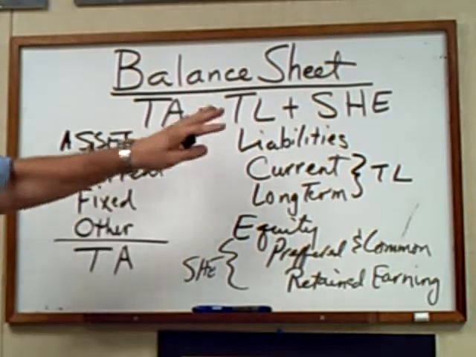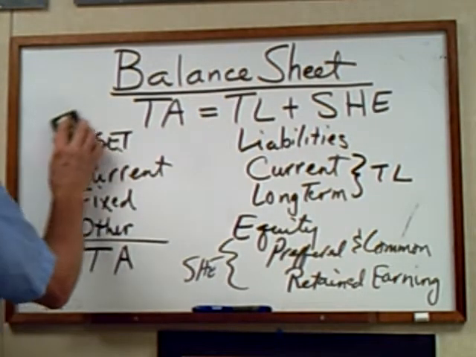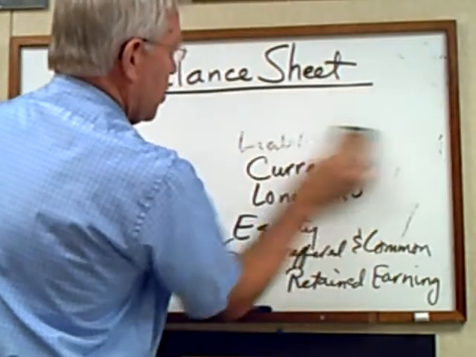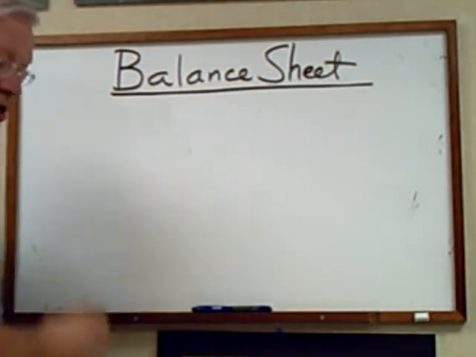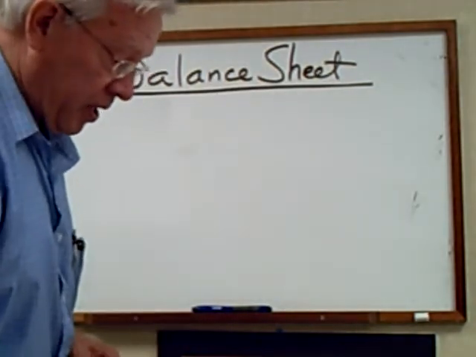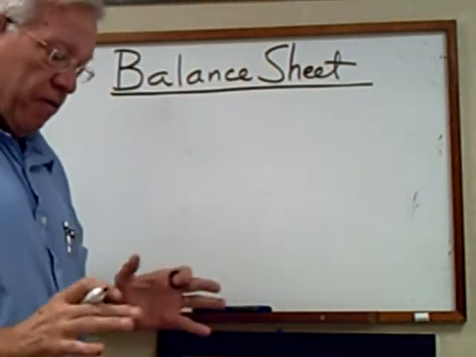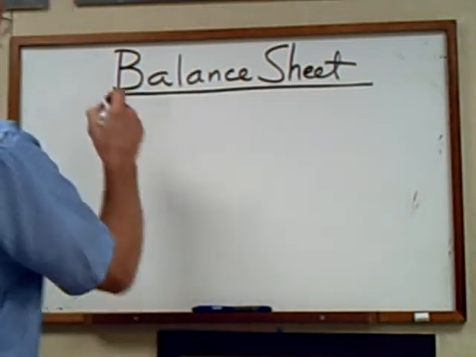So with this fundamental balance sheet now under our belts, let's take a look at some of these assets and liabilities to get a better understanding of what they mean to the business. First and foremost are your current assets.